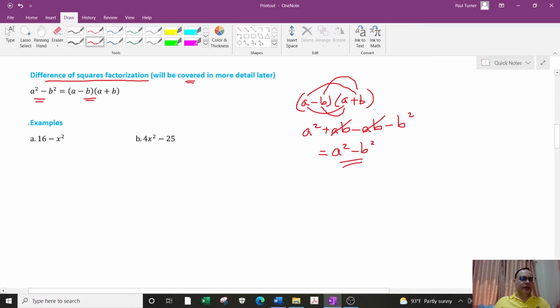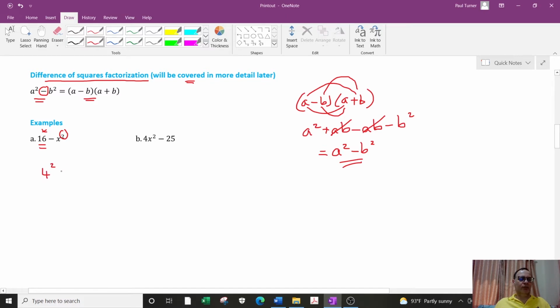Okay, so an example of using this rule, we have 16 minus x squared. So what you're looking for are powers of 2 and a minus sign here. If it's plus, we don't use this rule. It must be minus here. Notice that 16 can be changed to 4 squared.